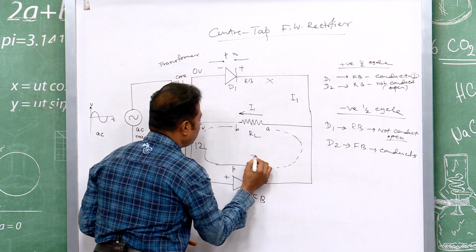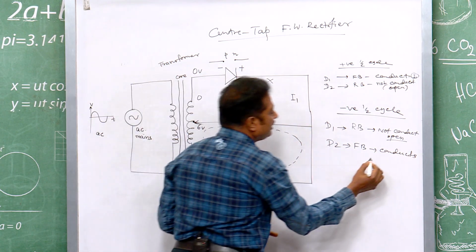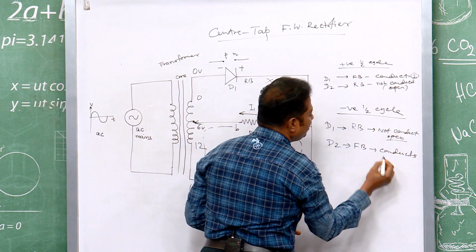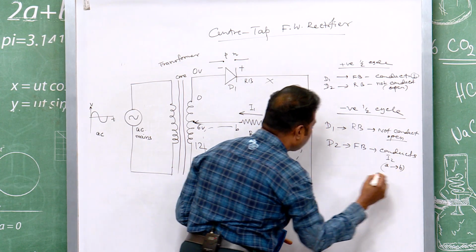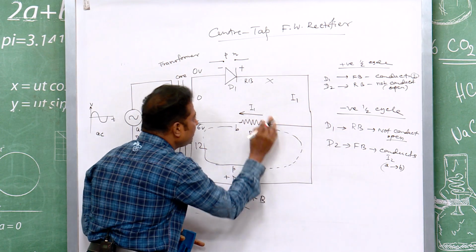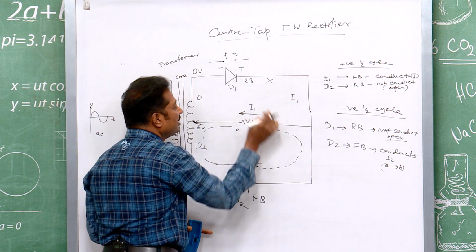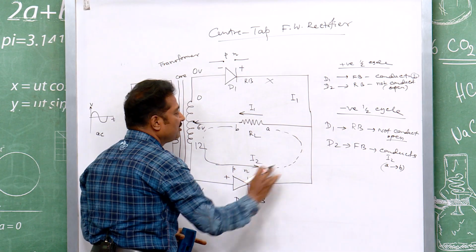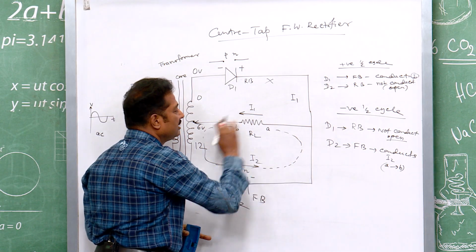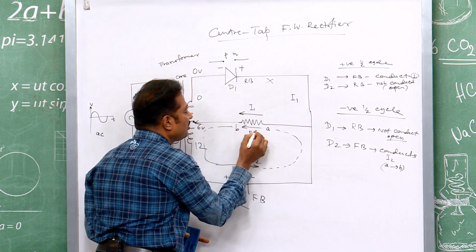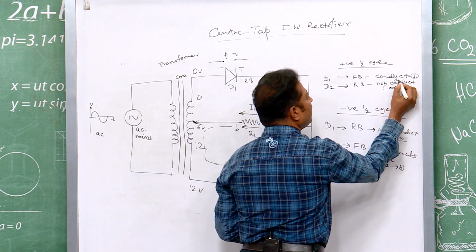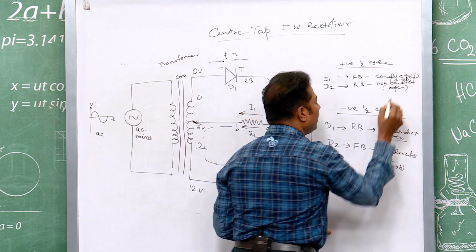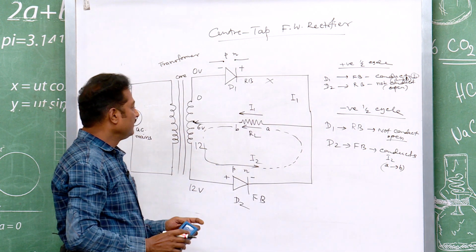Let this current be I2, and I2 is again A to B, because this is the way the current moves, this one is cut. So, this is the only suitable circuit for the flow of current. So, the current will flow from A to B. You see, here A to B, here also A to B.